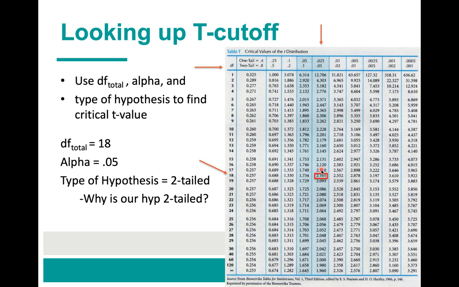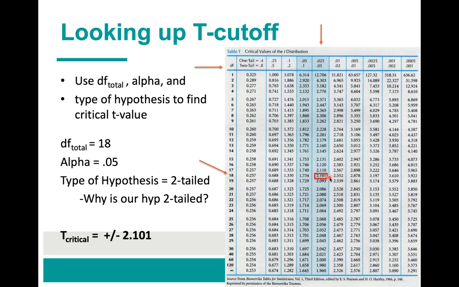We're going to triangulate that column and that row to produce a critical t-value of 2.101. Again, two-tailed test. Alpha equals 0.05, so we know we're using this column. And we've got degrees of freedom of 18, so we know we're using this row. And we just find where that row and that column meet, 2.101.